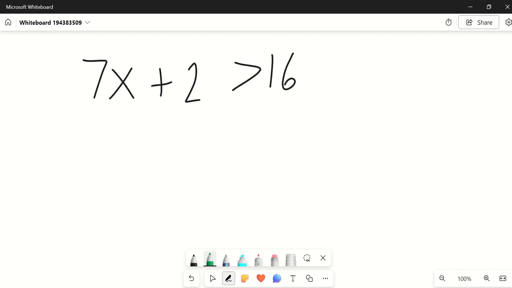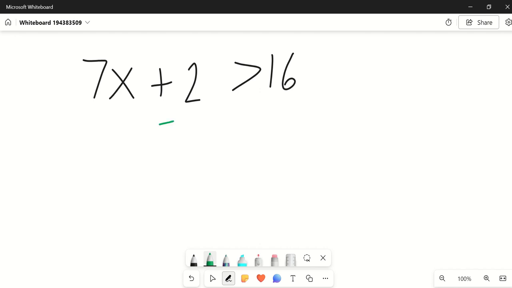Rowan, what's my very first step in order to solve this? Subtract. Not the variable. Cody, help him out. Remember, we want the constant gone, and then we leave the variable by itself with whatever's happening to it.